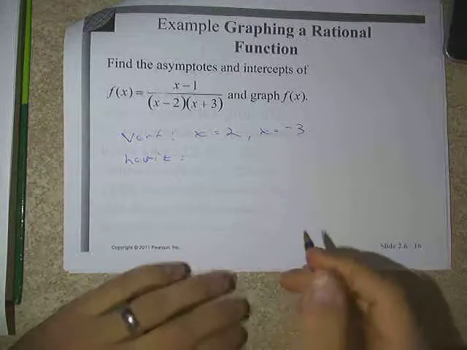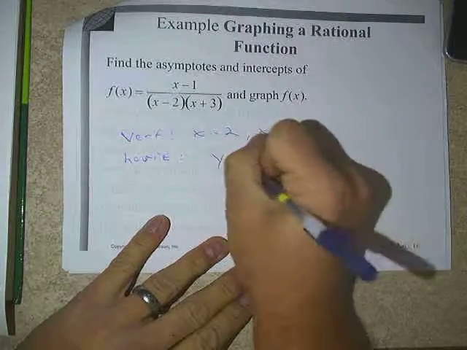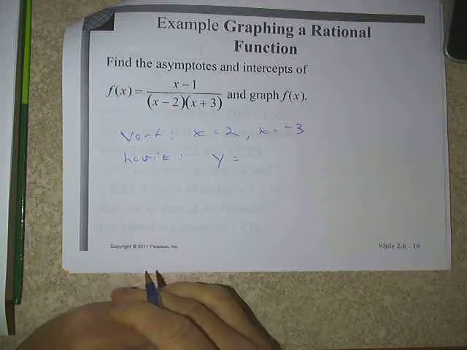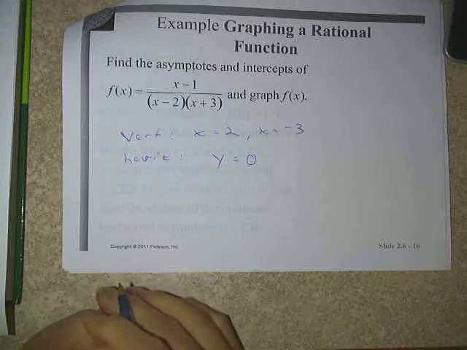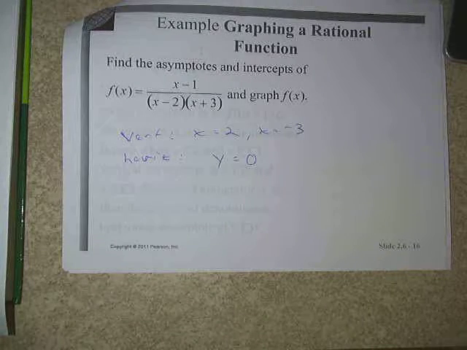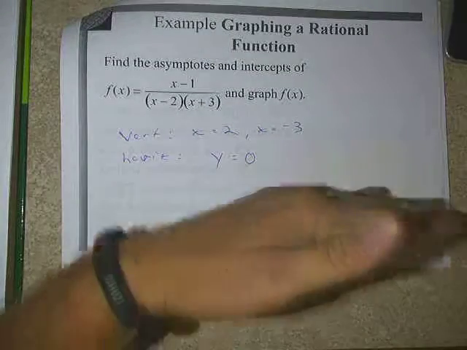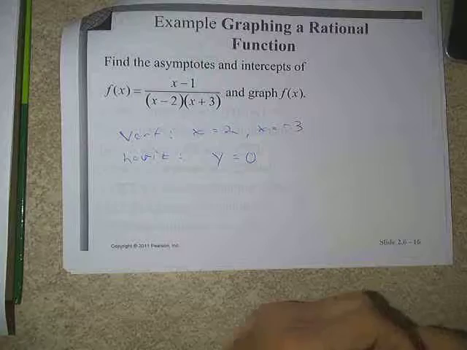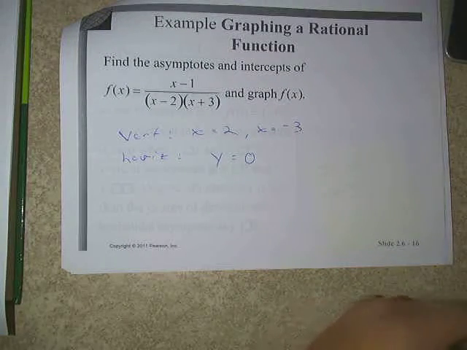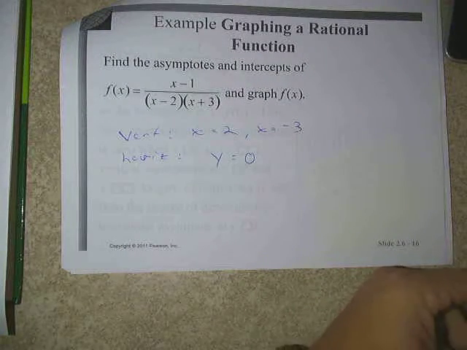Now, how about our horizontal asymptotes? What's the degree of the top? 1. Degree of the bottom? 2. So this means the bottom degree is larger than the top degree, which means the bottom grows faster, which means that ultimately at infinity this is going to go to y equals 0.